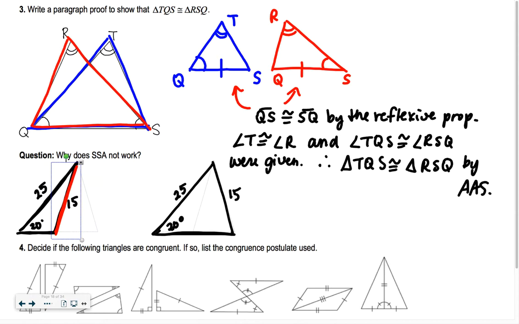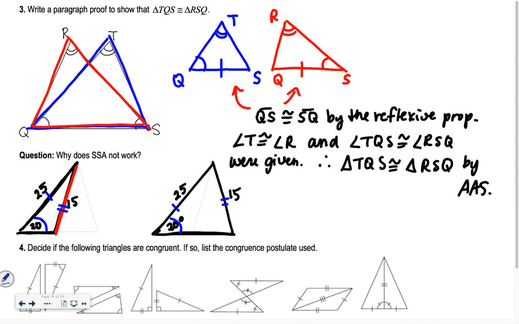Those two triangles have exactly the same measurements. Their angles match up, their side matches up, and then the next side matches up. But those two triangles are not the same triangle. Do we all get that? That's why side, side, angle doesn't work, because this shorter side could have been on the hinge and pushed over here. So you have two triangles with exactly the same measurements.